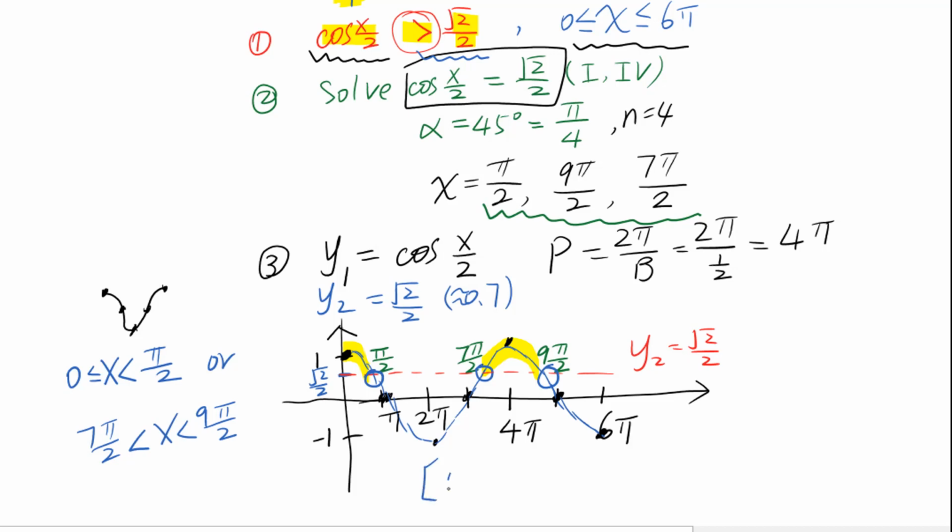That will be this: open parentheses, union with, this is an open interval, 7 pi over 2 to 9 pi over 2. This will be the solution to question 3.